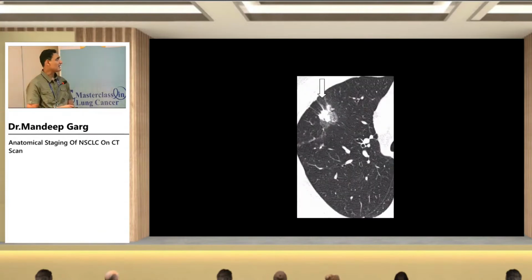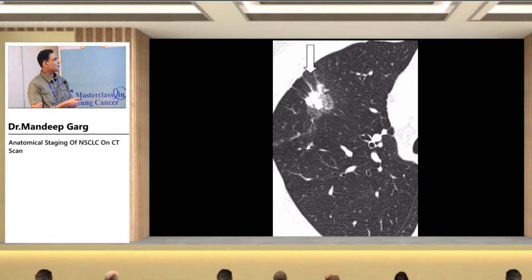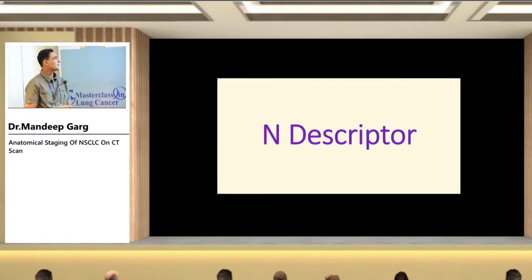For example, this is one case where you can see a part-solid tumor which has multiple lobulated solid nodules within it, and we do not know which nodule to measure. Should we measure the entire thing, or measure separately these tiny lobules of solid lesions within this part-solid nodule?